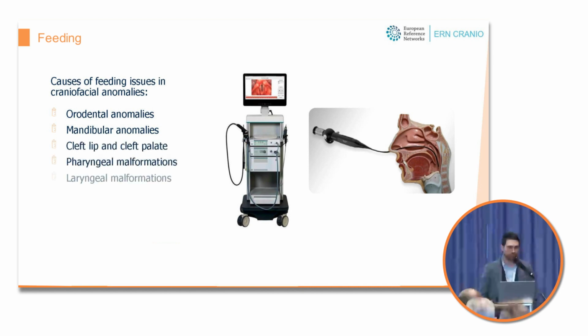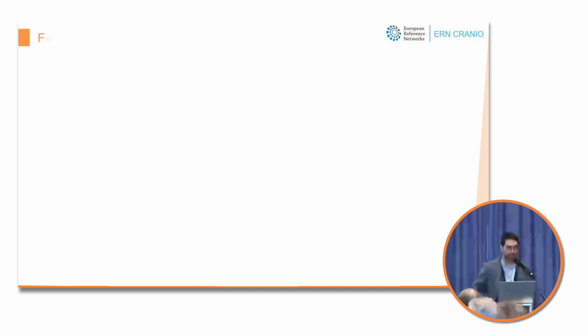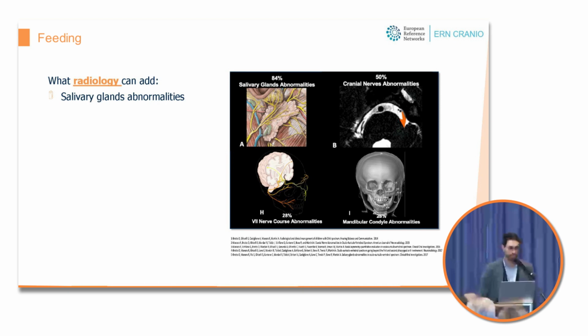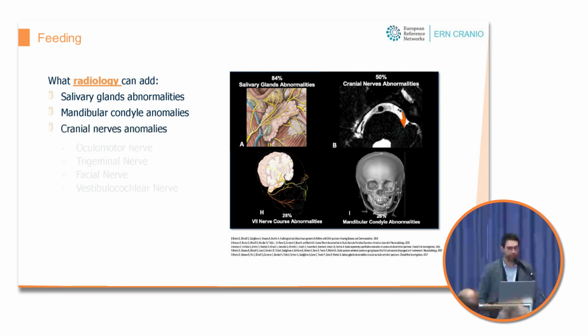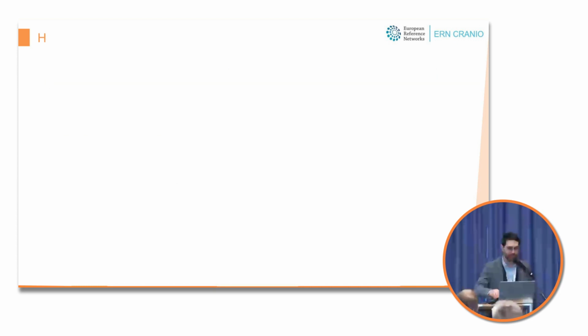But we learned over time that a radiological assessment of these patients by means of CT and MRI performed for other issues, that also salivary glands may be involved by abnormalities, mandibular condyle can have strange shapes, and also cranial nerves may be involved. For example, the oculomotor nerve, the trigeminal nerve, the facial nerve, and the vestibulocochlear nerve can be involved. And we will see that these features may be present together, making the overall outcome of these patients worse over time.